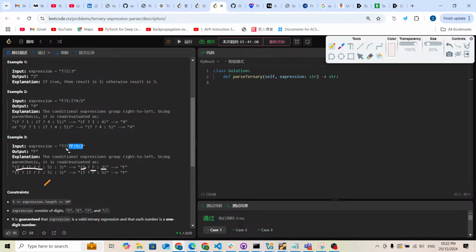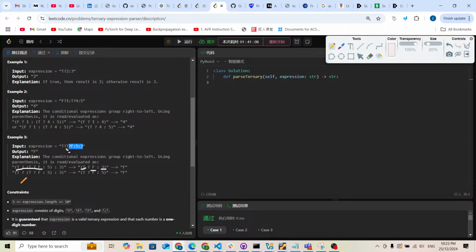This is one of the representations. This is a T question mark with F and 5. For this T, definitely we can choose F or 5, but it's going to be F. So after F, it's going to be 3. So we can do it like this. And there's also another way.